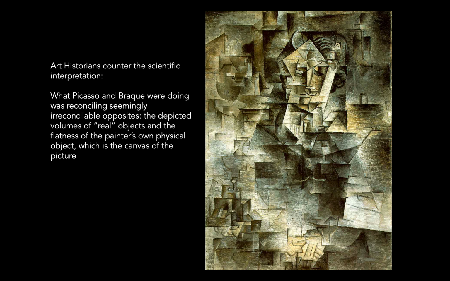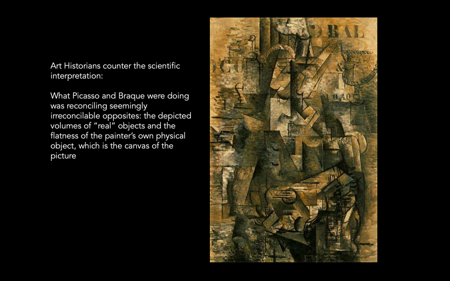So they're simultaneously showing you a little bit of depth and the flatness of the canvas. And so that's the way in which most art historians have interpreted these. Not the scientific interpretation, not the multiple perspectives thing, but the fact that Picasso and Braque were trying to do something that's almost impossible, and no one had done before.